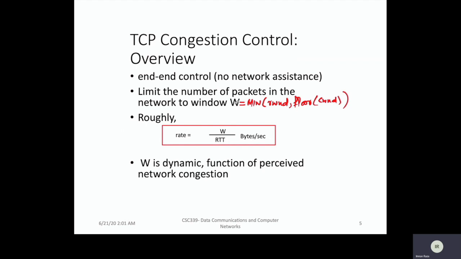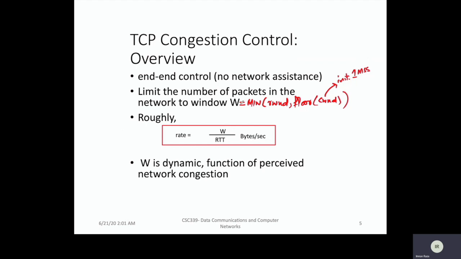So the sender maintains a variable window which is the minimum of either the receive window or the floor of the congestion window. The receive window will be advertised by the receiver, but the congestion window in the beginning is initialized to 1 maximum segment size. We know this maximum segment size depends upon the maximum transmission unit size.